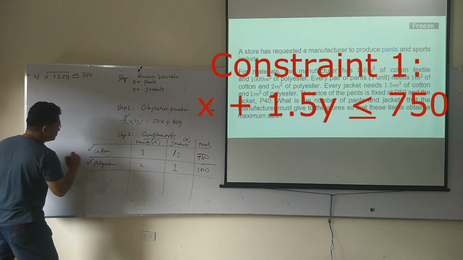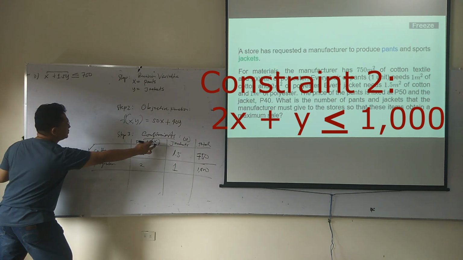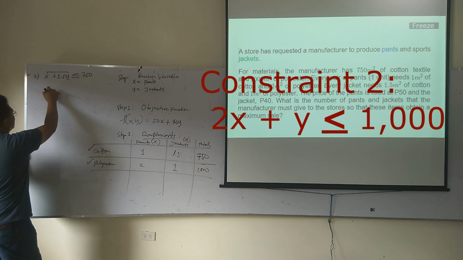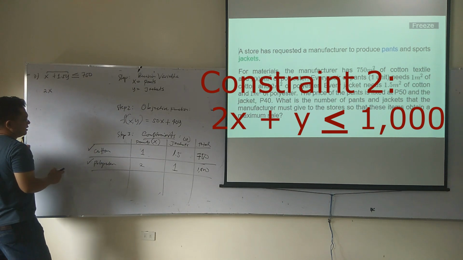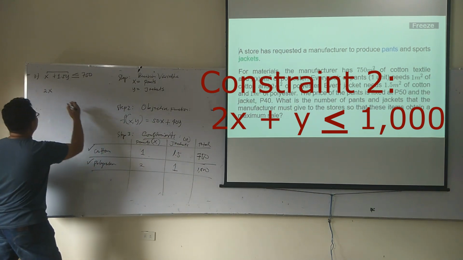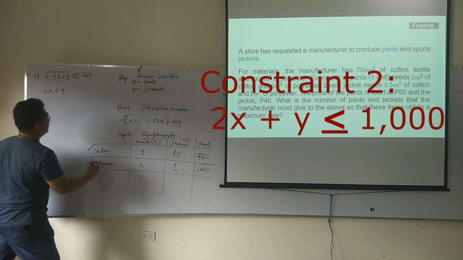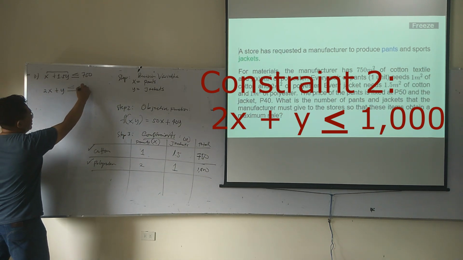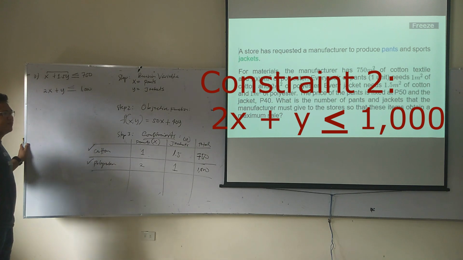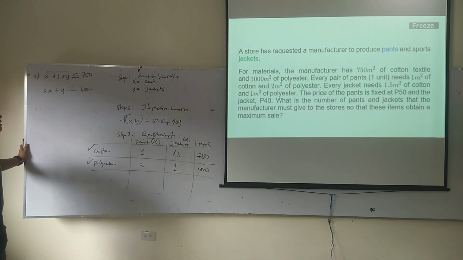Converting this into an algebraic expression for polyester, we have 2x plus y less than or equal to 1,000, because the maximum polyester we can use is 1,000.